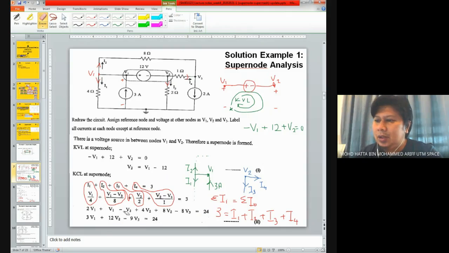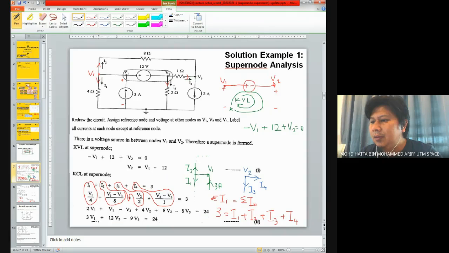As usual, after you express the current in terms of voltages, you need to simplify this and come out with the final equation. And in this example, if you see over here, we have 3 unknown variables.